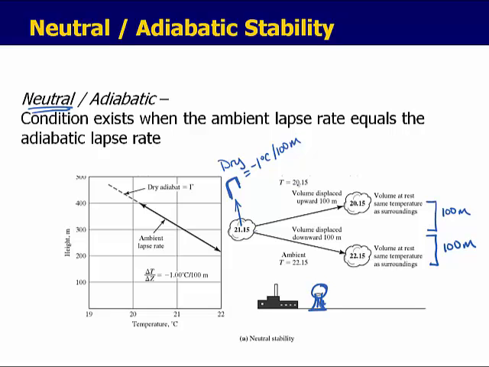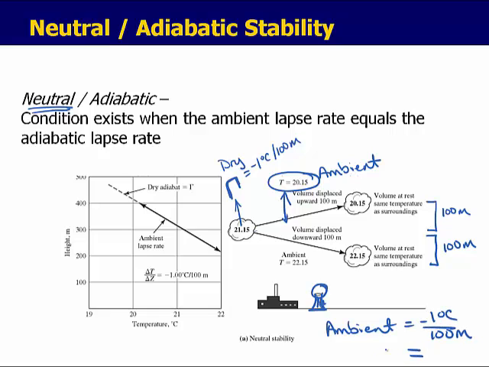Now we'll compare that to the ambient condition, which is shown here in the adjacent atmosphere. In this situation, the ambient temperature loses temperature at the same rate as the dry adiabatic condition. So in this case, the ambient condition loses temperature at -1 degree Celsius per 100 meters, which is equal to the dry adiabatic condition.